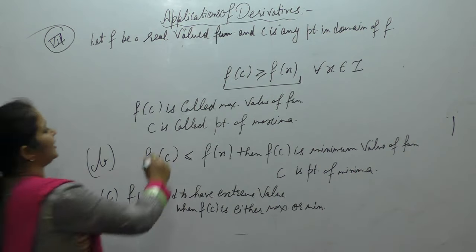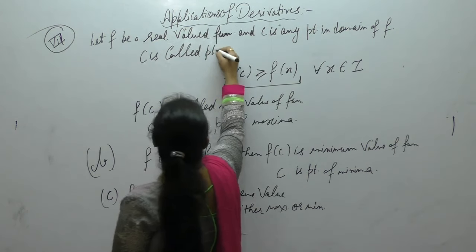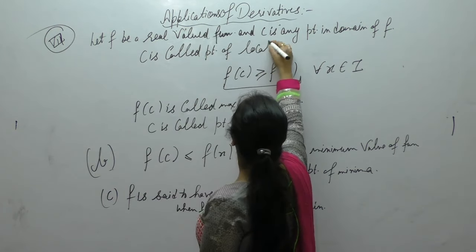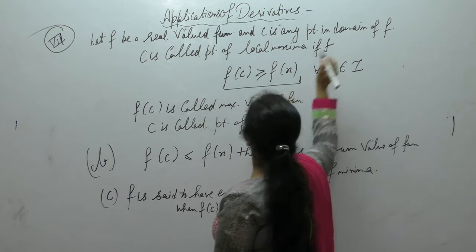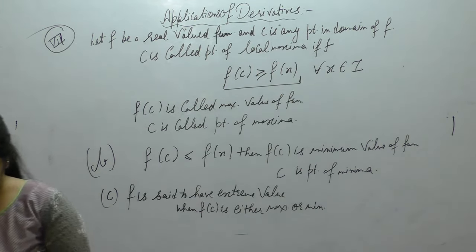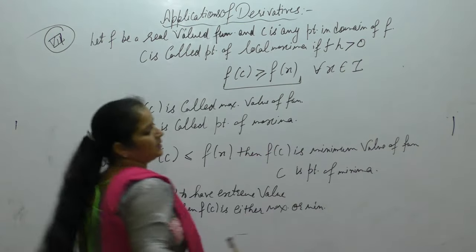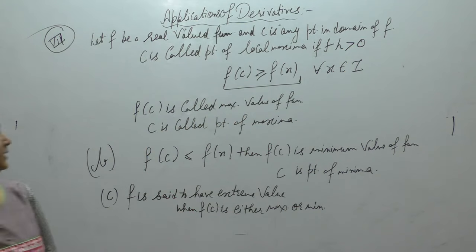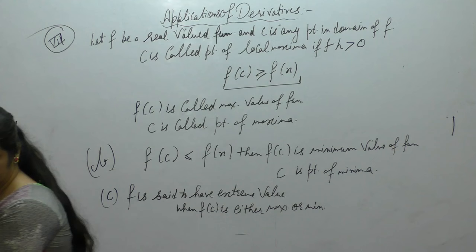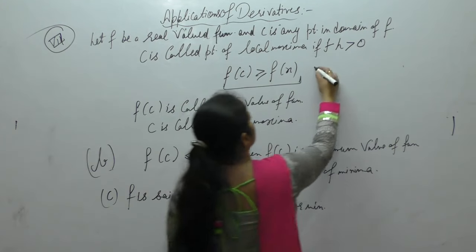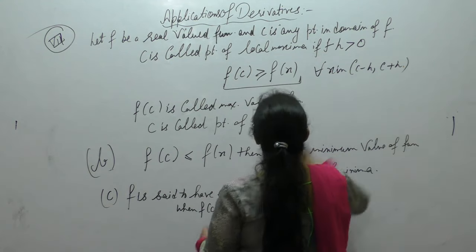C is called point of local maxima if there exists some neighborhood h greater than 0, such that f(c) is greater than or equal to f of x for all x in (c minus h, c plus h).